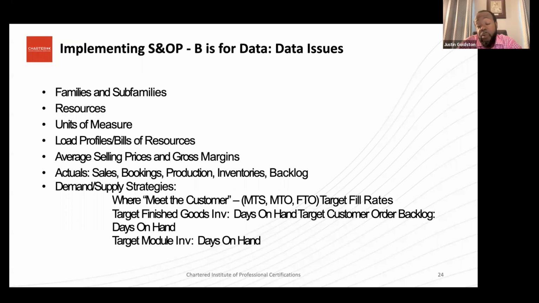If you don't use dashboards, current state, I would take a look or ask leadership or ask your director of IT within your organization to see how we can implement dashboards so we can get a quick snapshot of these numbers, because that can provide a quick view into potential issues, and that can actually be very, very valuable within this S&OP implementation.